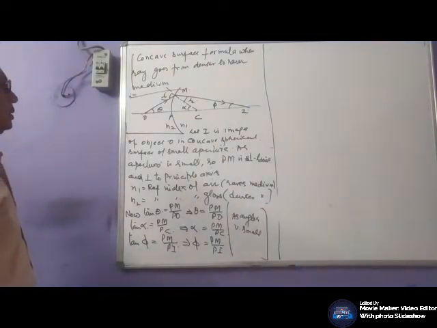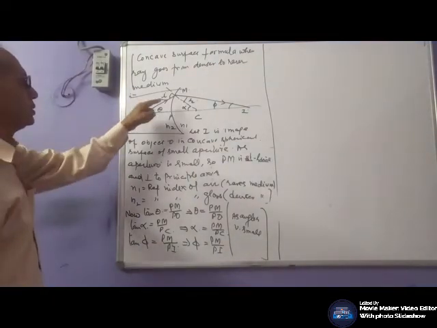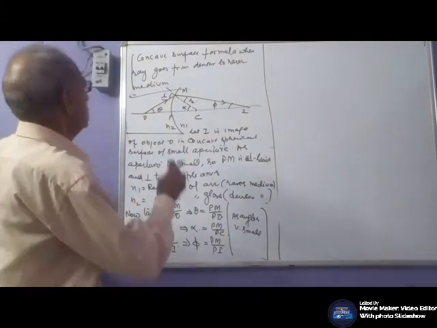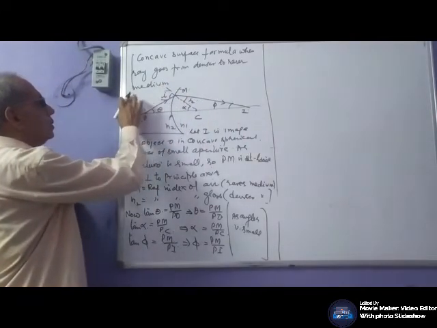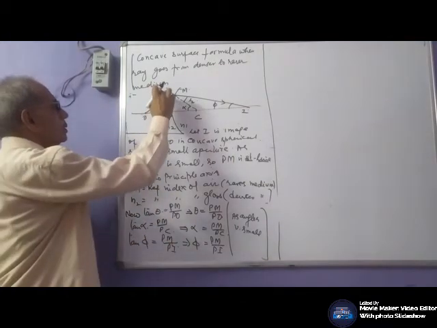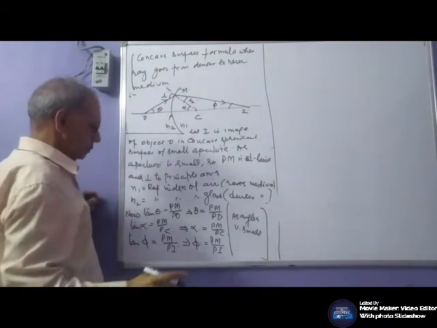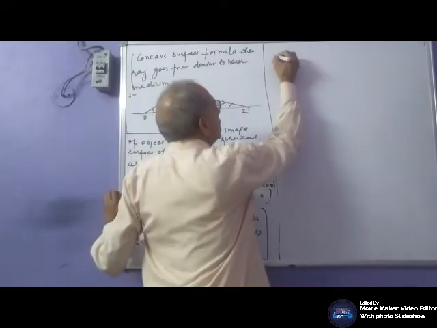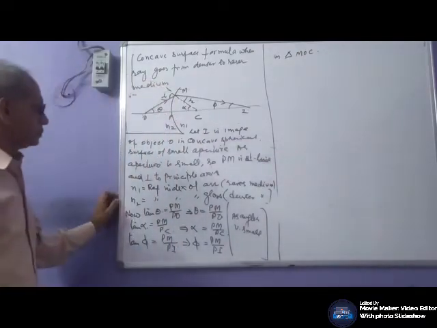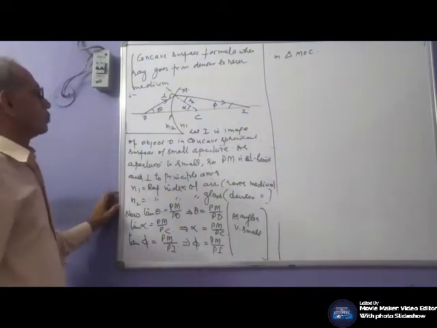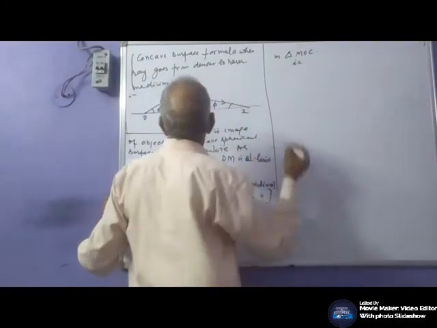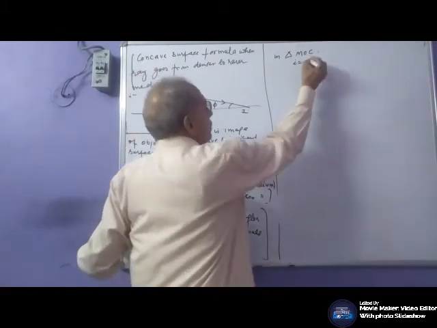In triangle MOC, the external angle I is theta plus alpha.